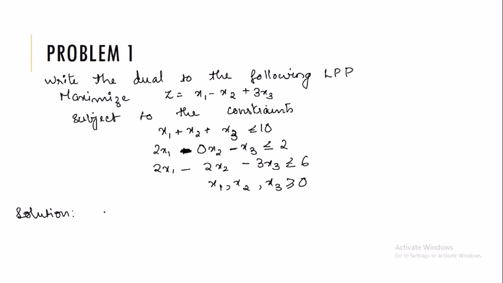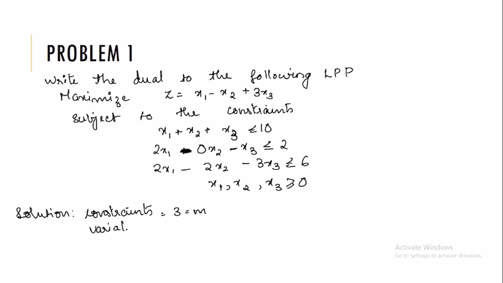So in this particular LP problem, what is the number of constraints? Constraints is equal to 3, that is, I'm denoting it by M. And how many variables are there?